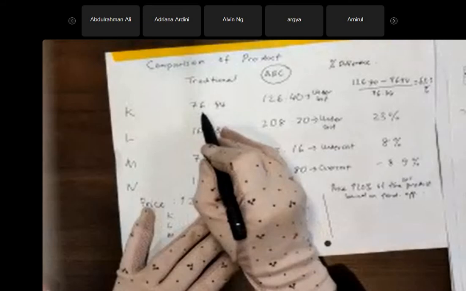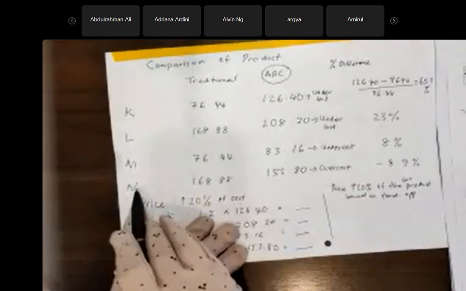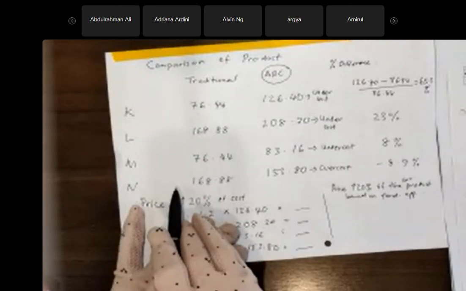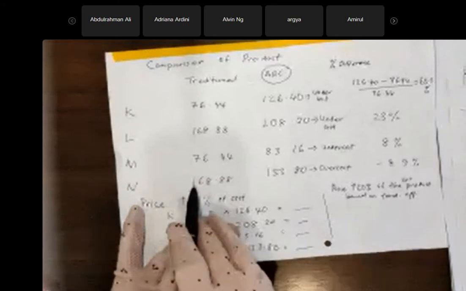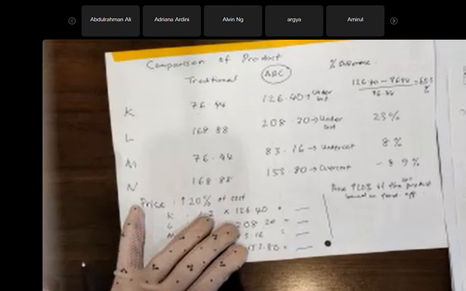But now the burden goes to product N, because N needs to cover more than what N should cover. That is the answer.